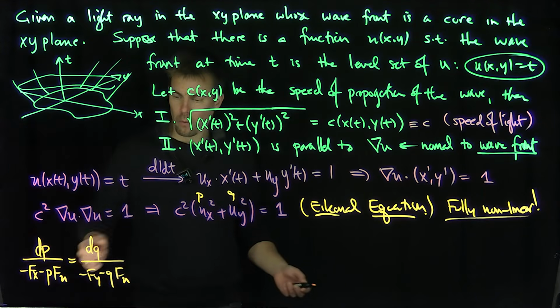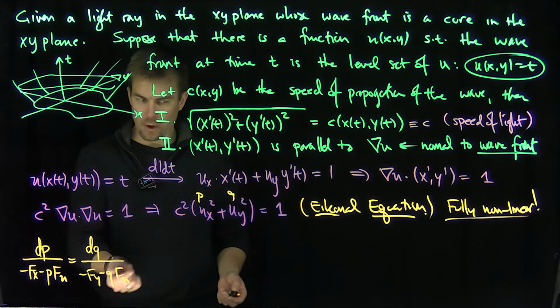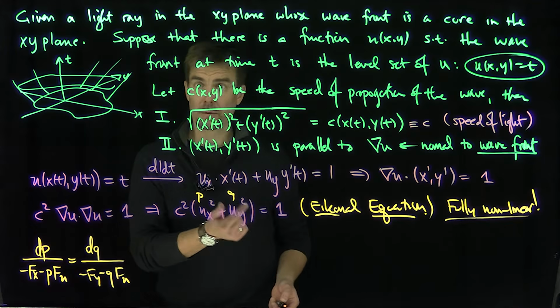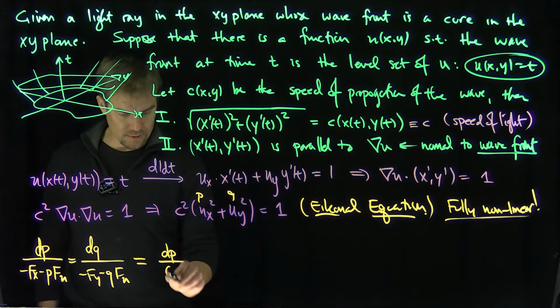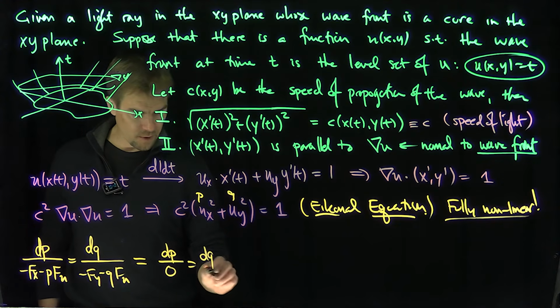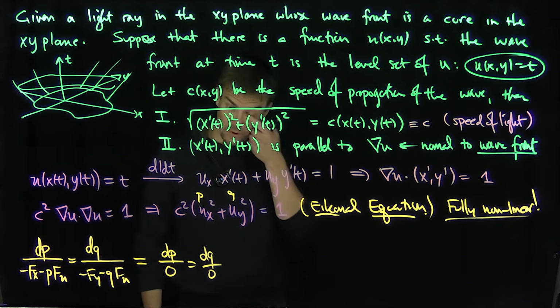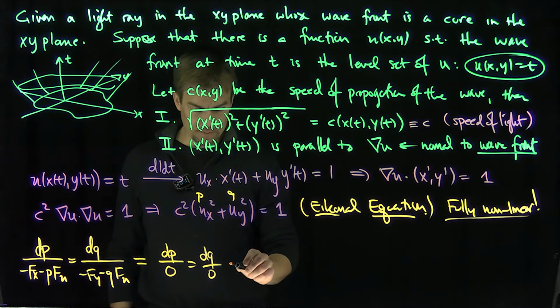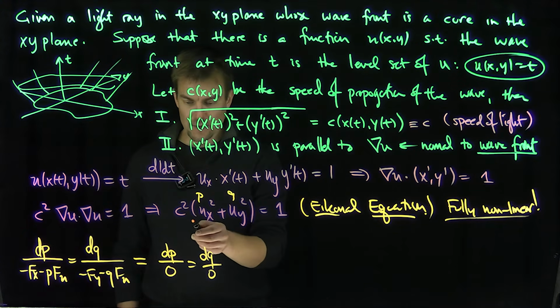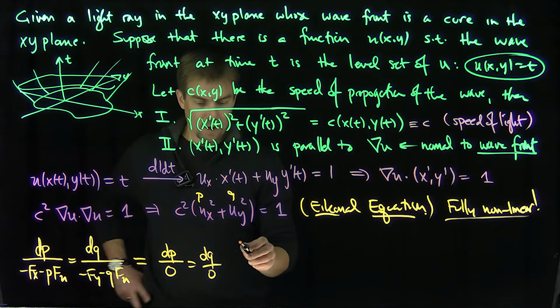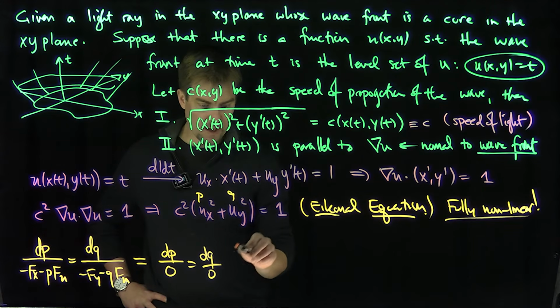But there's no y derivative of your function f, and there's no u derivative of your function f in here. Those are both 0. So your characteristic equations say that dp over 0 is equal to dq over 0, which forces p and q to be constants, right? And moreover, they have to sum up to give me basically 1 over c squared. So p and q are constants.